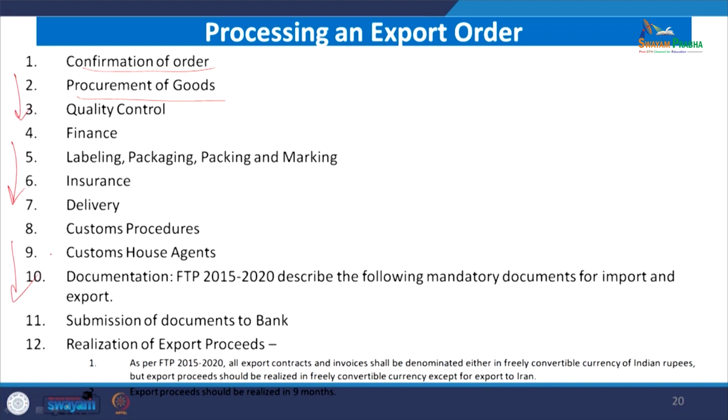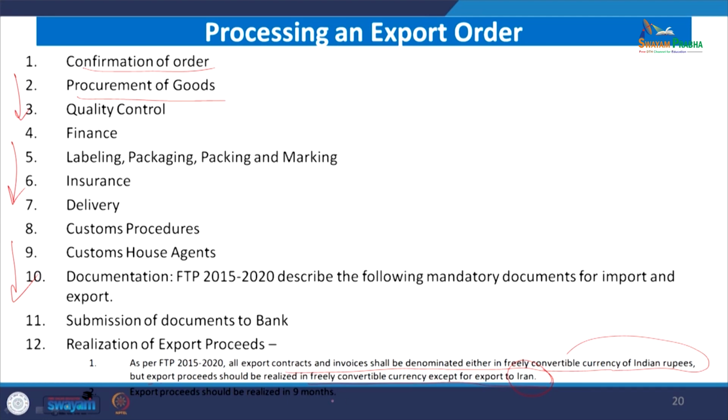So, as per the FTP 2015-20, all export contracts and invoices shall be denominated either in freely convertible currency or Indian rupees, so far as merchandise trades or current account units are concerned. Export proceeds should be realized in freely convertible currency except for export to Iran. While we are exporting to Iran, we need not convert it to rupees. In all others, we are supposed to convert it to rupees.